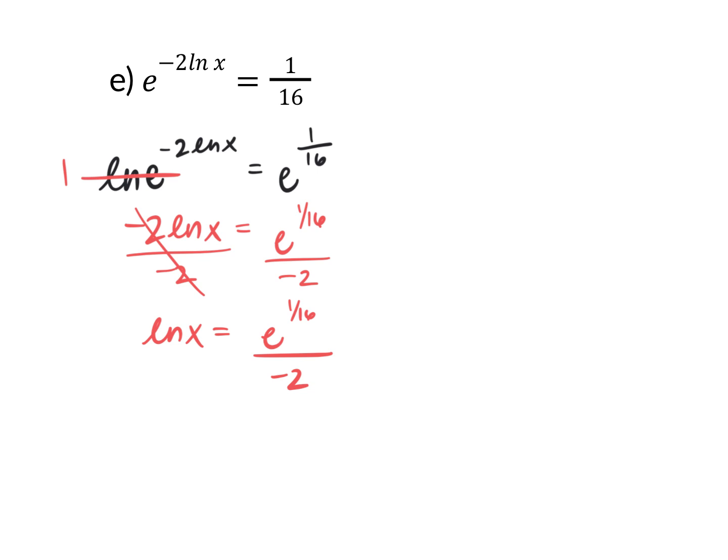And in order to get the natural log to go away, we can think about rewriting this as log base e of x. So I could rewrite it as an exponential. So that would be e to the power of e to the 1/16 divided by negative 2 is equal to x.